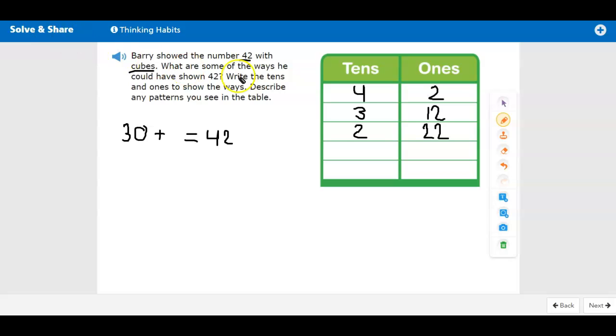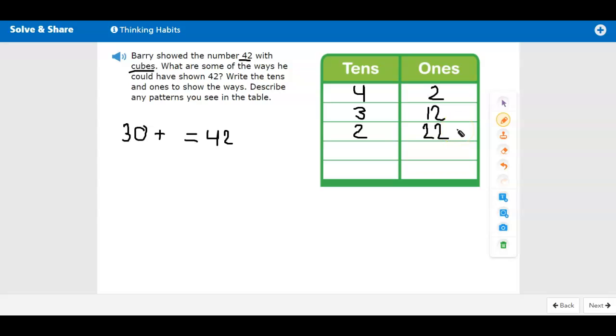Do you notice a pattern in our table so far? Look at our tens column. It goes 4, 3, 2. The tens column is decreasing by 1 each time. Our ones column goes 2, 12, 22.